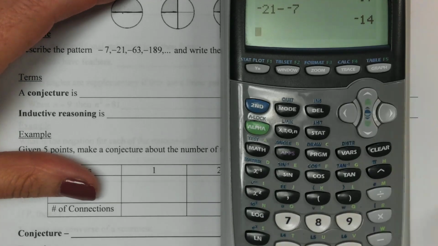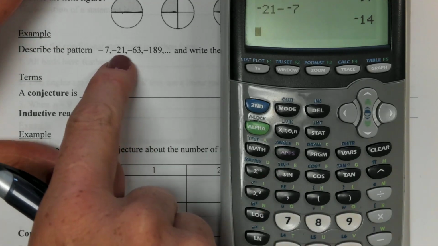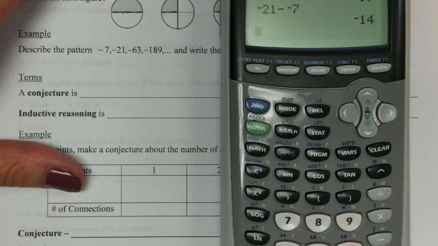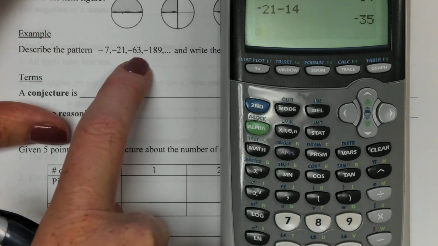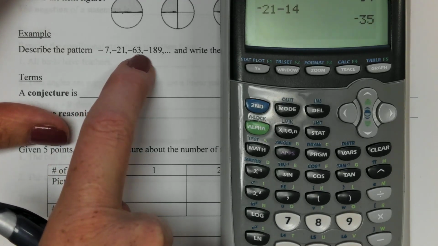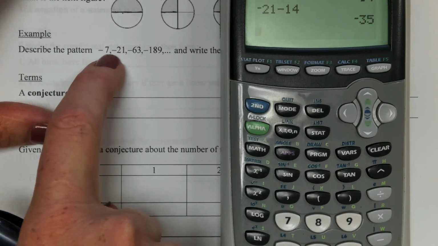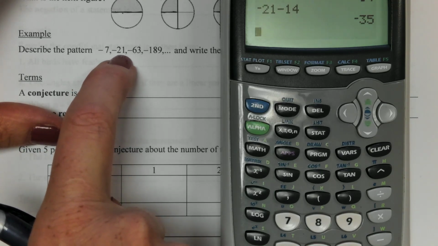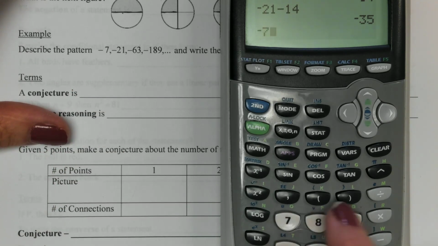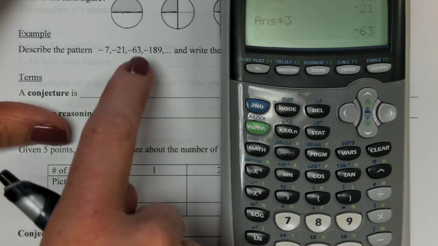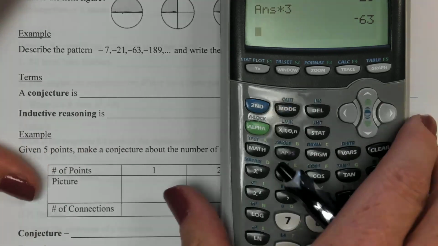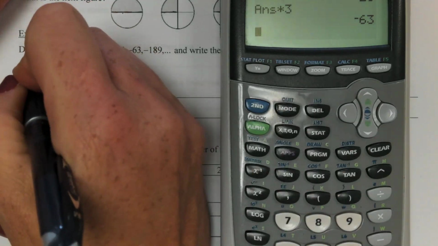So it looks like there's 14 in between negative 7 to negative 21, but if I did negative 21 and then subtracted 14 again, I wouldn't get negative 63, I'd only be at negative 35. So it's not subtraction that's happening. Some people recognize that if we multiplied by 3, we could get from negative 7 to negative 21. And if I multiplied by 3 again, I would get to negative 63. So this pattern is a times by 3.